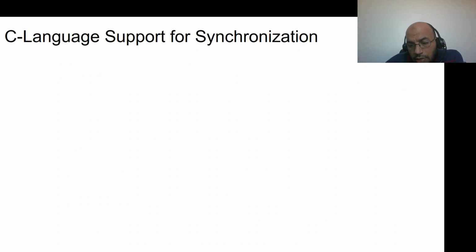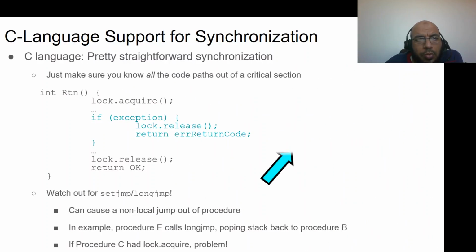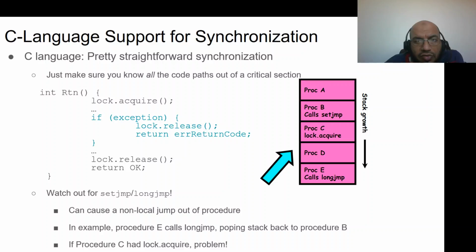Let us look at some different language synchronization support. We have been looking at C mostly. You have pretty straightforward synchronization, the lock.acquire, lock.release, and so on. But you want to watch out for things such as setjmp and longjmp commands that can cause a non-local jump out of a procedure.